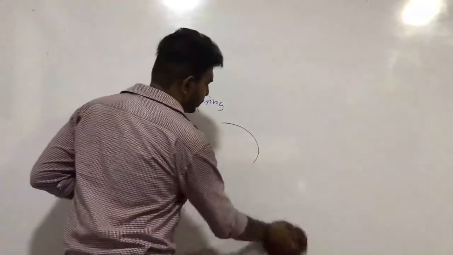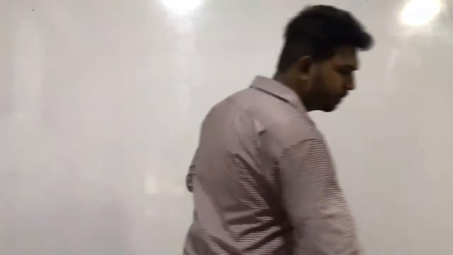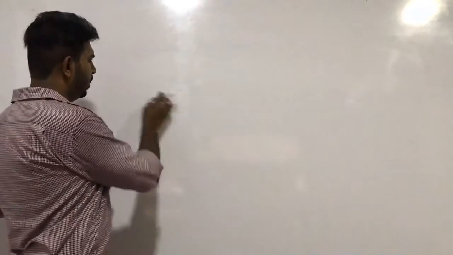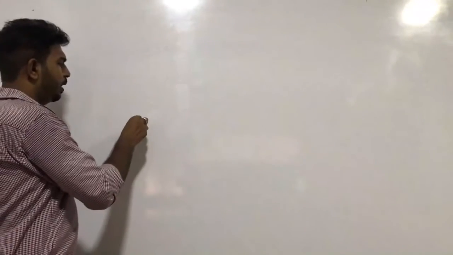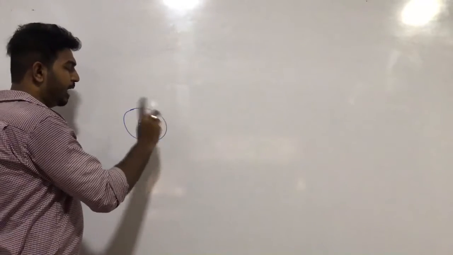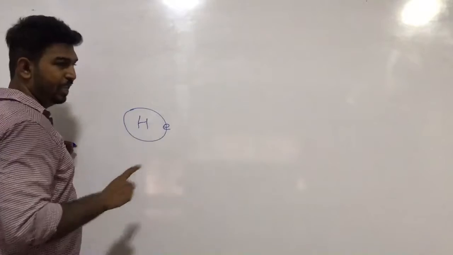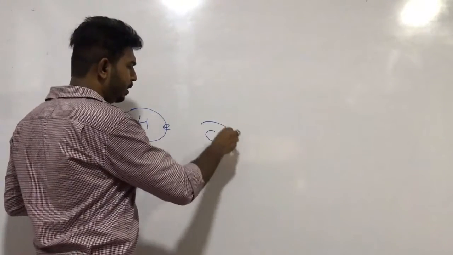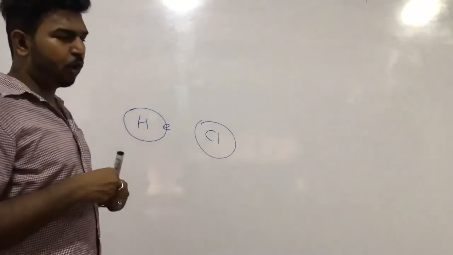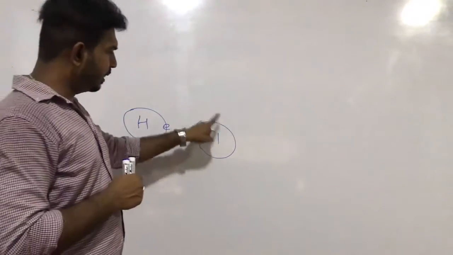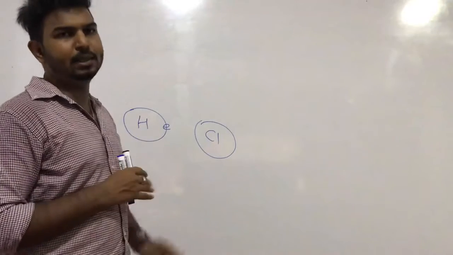Let's assume the hydrogen molecule. Hydrogen has 1 electron, so it has 1 unpaired electron. Then if we consider chlorine, for the formation of chemical bonds, only the electrons in the outermost shell participate.